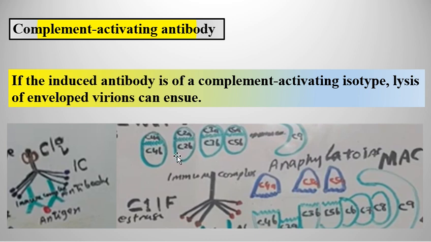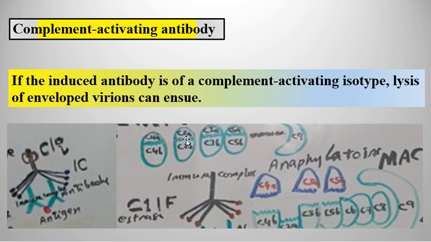C3b will bind, and the whole molecule will act as C5 convertase, which leads to cleavage of C5. Following the binding of C5b, C6 will join, and C7 will bind, C8 will bind, then C9.